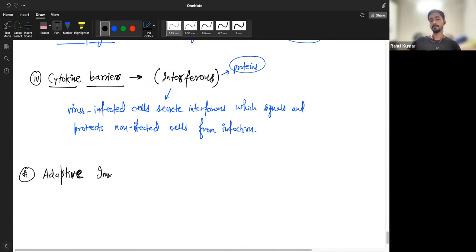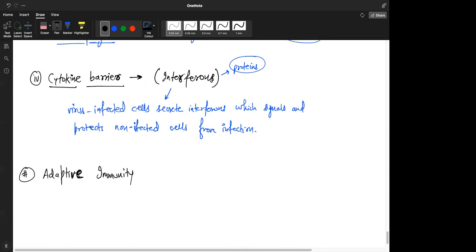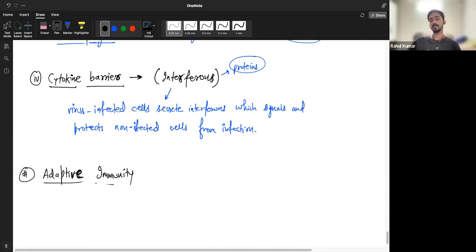Correct? Yes, sir. For any species or any strain of virus or any strain of bacteria, it will work the same in all kinds of infections. On top of it, vertebrates have adaptive immunity, like we already discussed, that it is acquired after the birth.